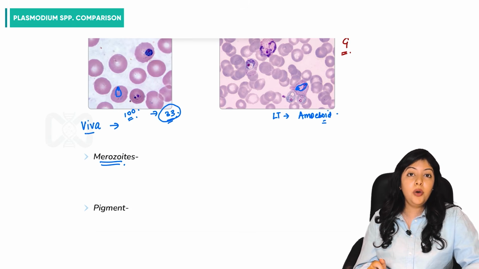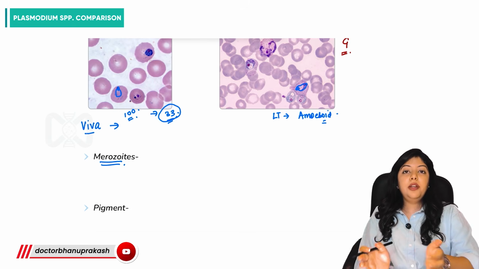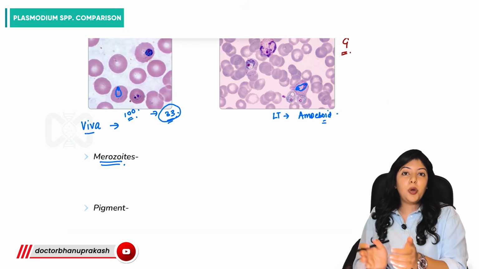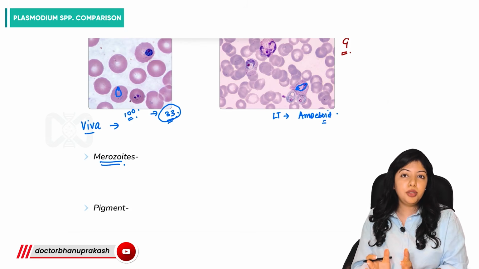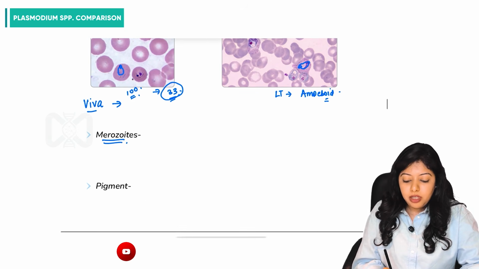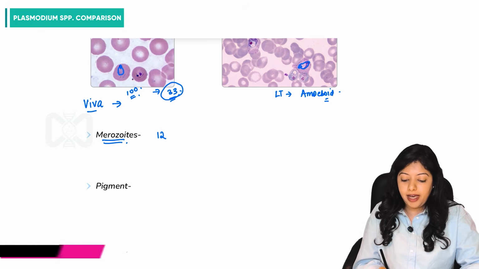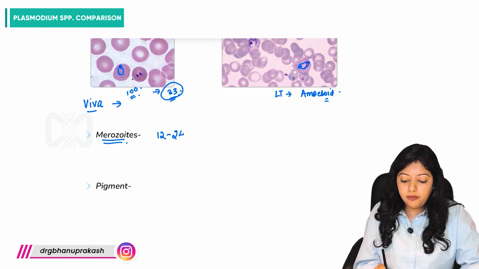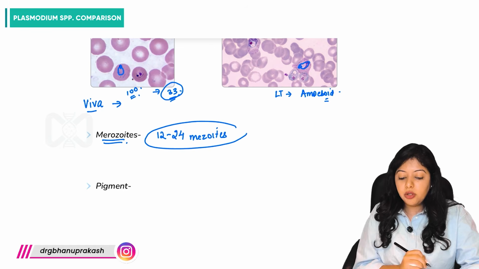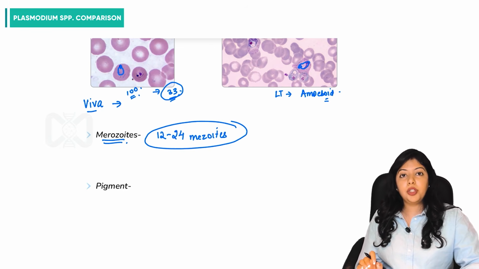So this is how we have remembered it, that a batch of 100, if we divide into 3 batches, one batch is going to have more number of students, right? So we will derive it that merozoites would be maximum in case of Plasmodium vivax. It is around 12 to 24 merozoites. We can get 12 to 24 merozoites in the schizont stage of Plasmodium vivax.